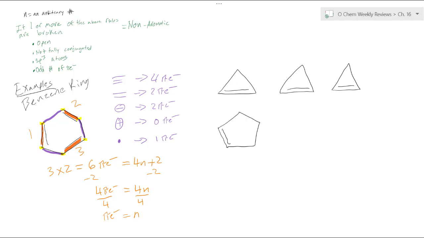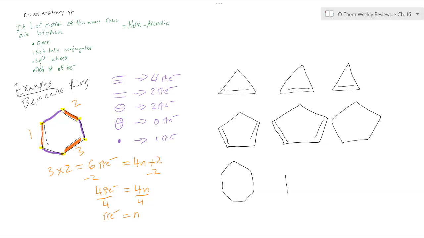Feel free to skip ahead till I drew all of these to save some time. Alright, so there you have it. We have all of our structures.